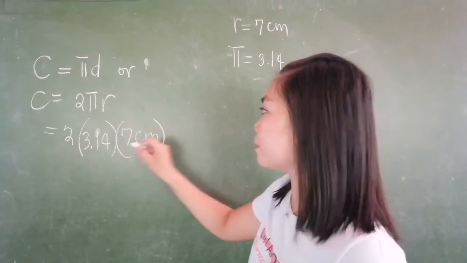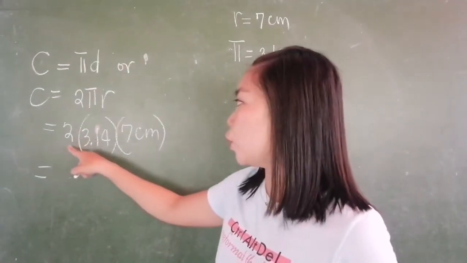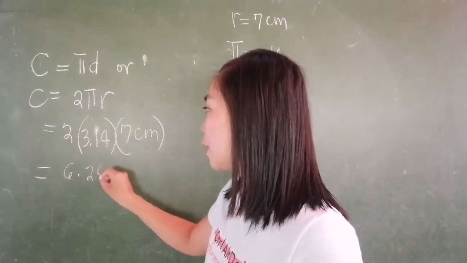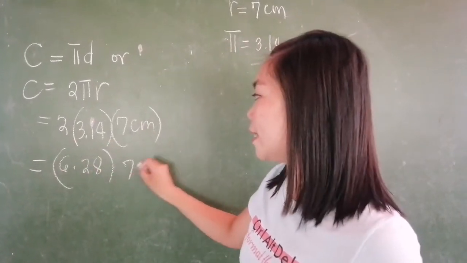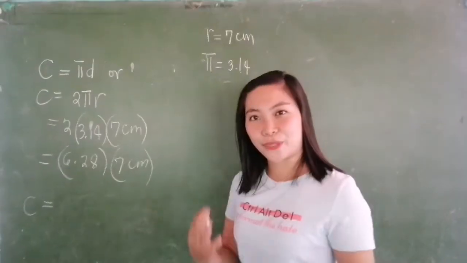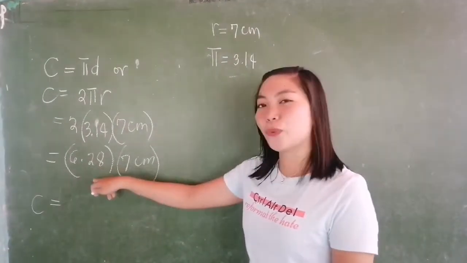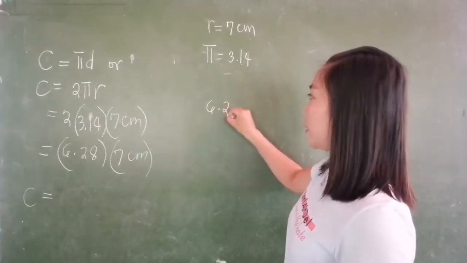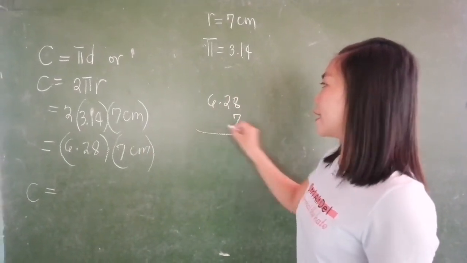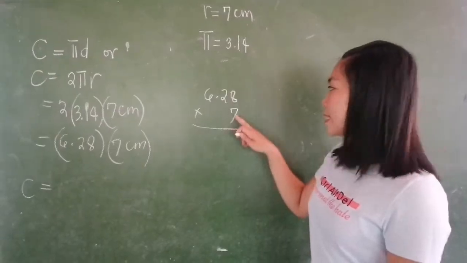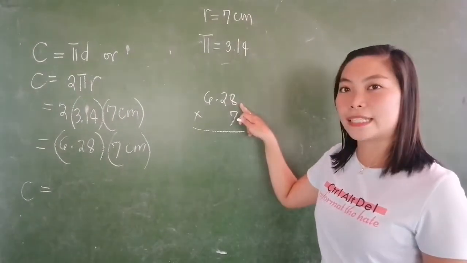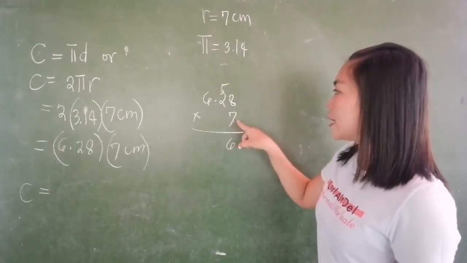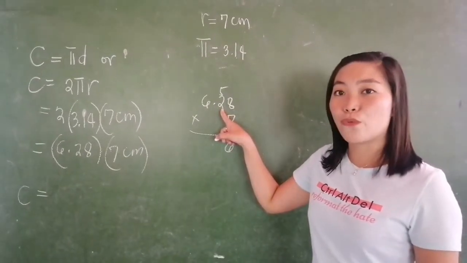Then, 2 multiplied by 3.14, that is 6.28. Multiplied by 7 centimeters, what could be the answer in multiplying 6.28 by 7 centimeters? So, let's multiply it. So, you have 6.28 multiplied by 7. So, let's have this. 7 multiplied by 8, that is equal to 56. Write 6 here, then carry 5. 7 multiplied by 2, you have 14.